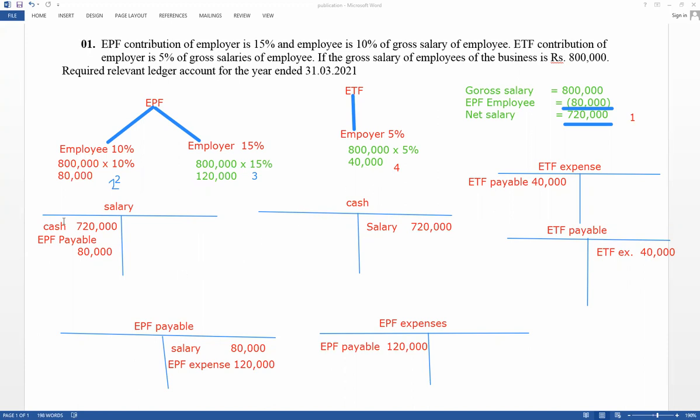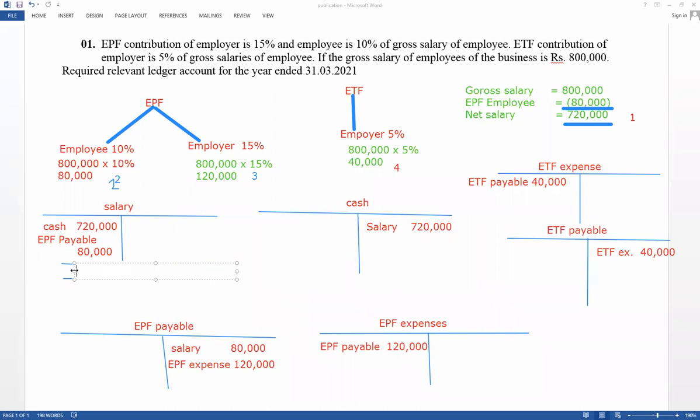Now think how to disclose on the financial statement. Salaries expense should be included under administration expense. Therefore, the salary account should be closed. Take debit side total amounts and take that value to the other side. Therefore, the difference value goes to the income statement.